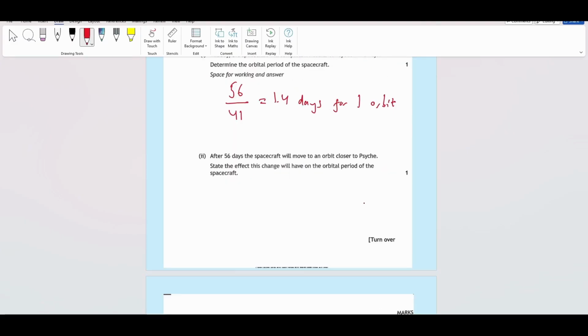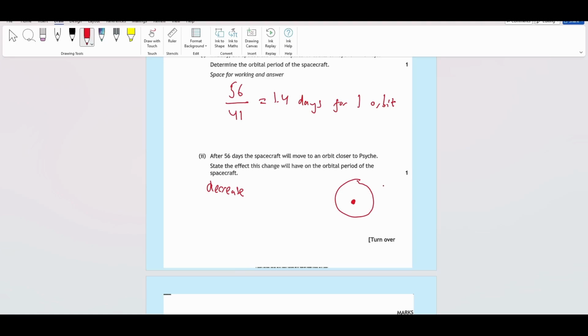Part 2 says after 56 days, the spacecraft will move to an orbit closer to Psyche. State the effect this change will have on the orbital period of the spacecraft. Well, the orbital period should decrease. So let's assume that this red dot in the middle is Psyche, the planet. This orbit here is the spacecraft's initial orbit, and you can see there's a big circumference.